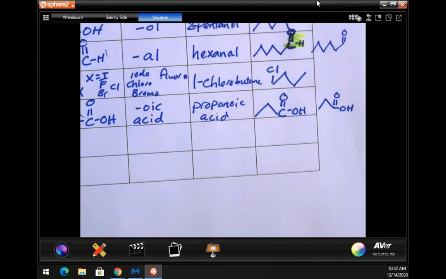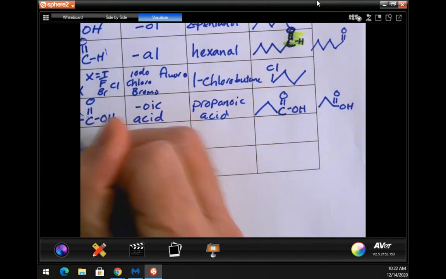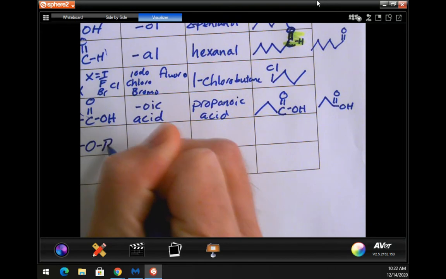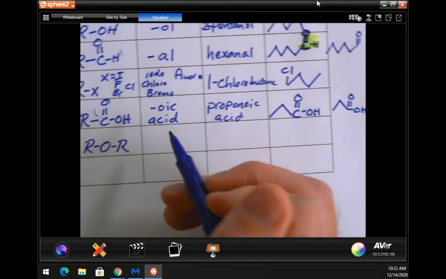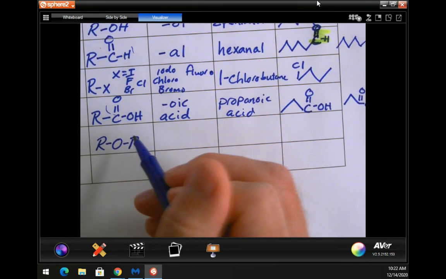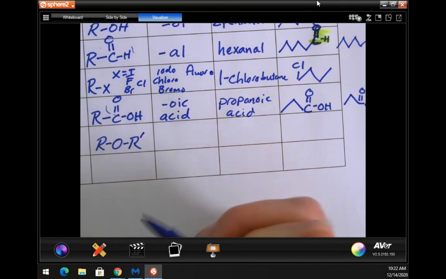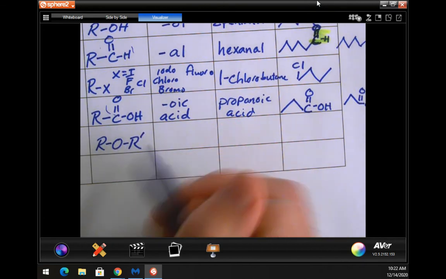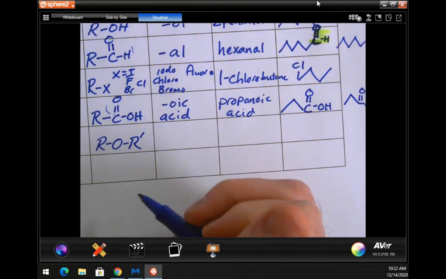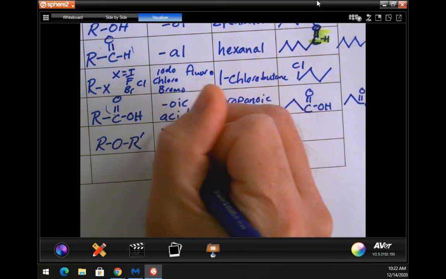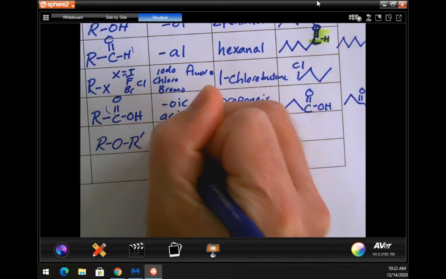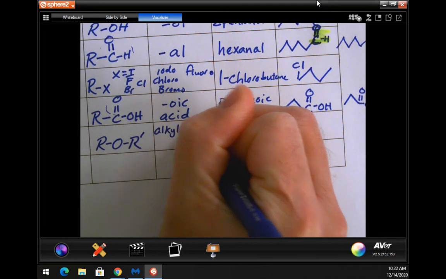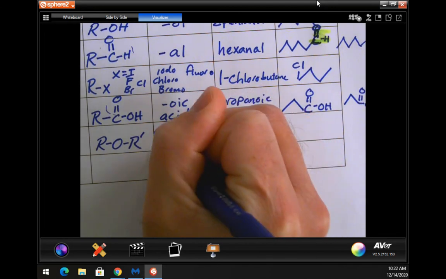Okay. Ether. Just put an R on either side of it. I just can't let that one go. And to kind of distinguish between them, just put a little mark there and it'll let you know that they're 2 different R groups. And it's alphabetically the alkyl, and then the alkyl, and then ether.